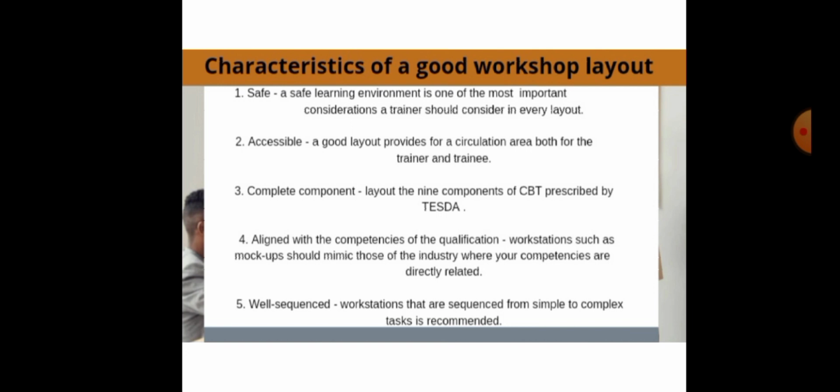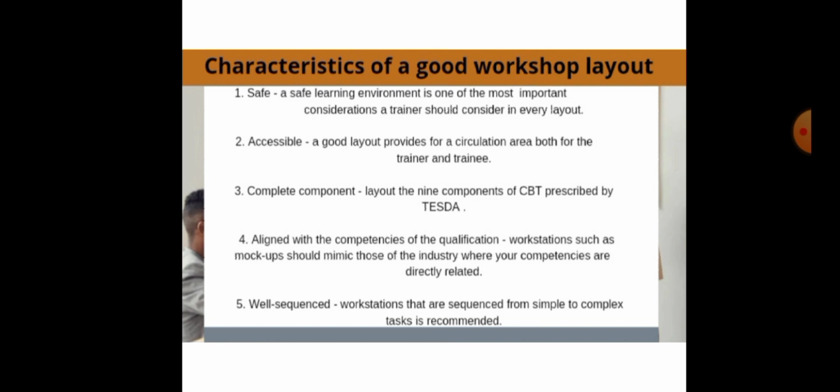So, as a trainer, you should consider providing a safe learning environment for the trainees because you allow them to do the processes for the training. So, if an accident happens, they are accountable to you. So, you must make sure that the environment is safe.